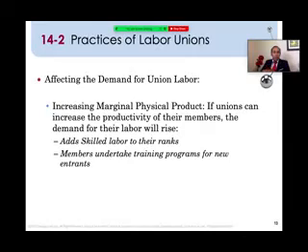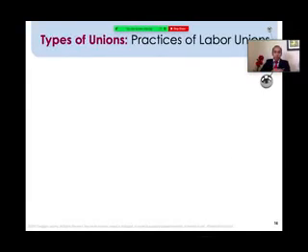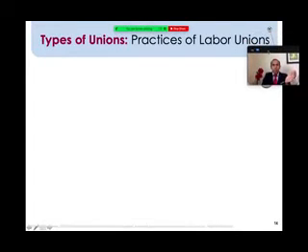And members undertake training programs all of the time to stay updated. At least those are highly productive unions. Then you have some that have low productivity. Some members have really low productivity, but others have really good productivity. So unions, for the most part, tend to have a good and a bad view depending on who you ask.